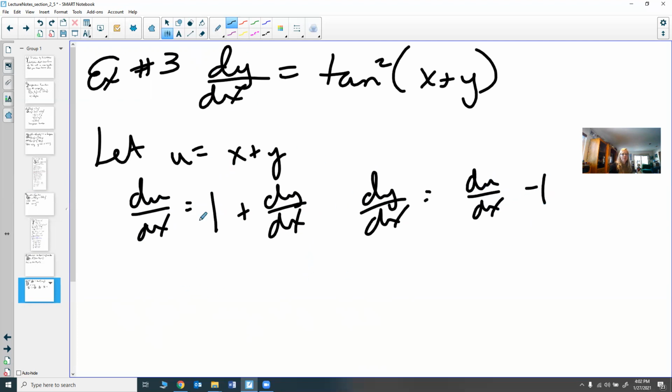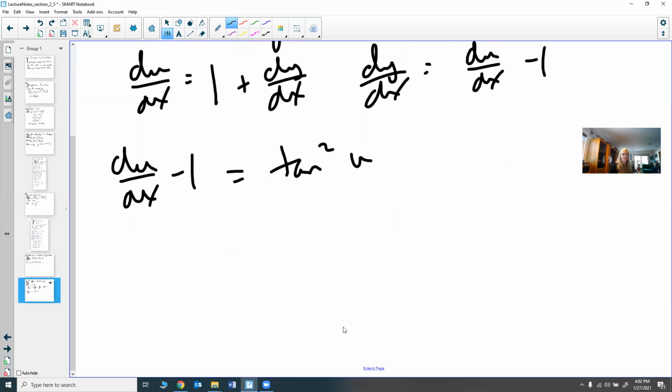So dy dx is du dx minus 1 equals tangent squared of u. In this form it doesn't look all that great at the moment, but I'd like to get the du dx by itself. So du dx is equal to tangent squared of u plus 1.